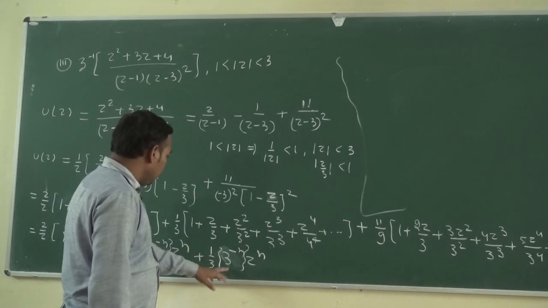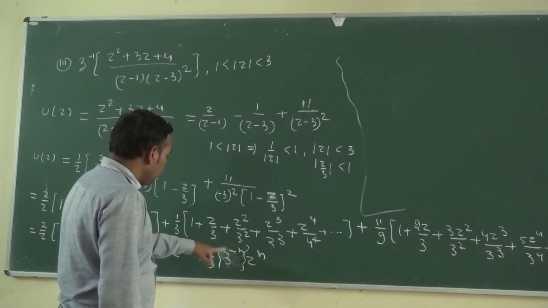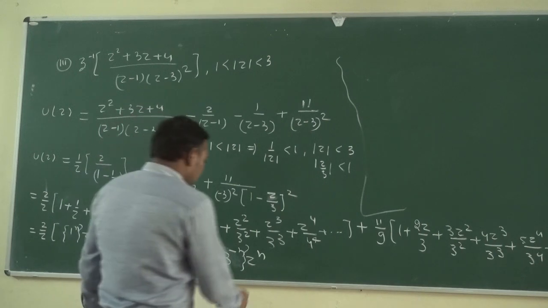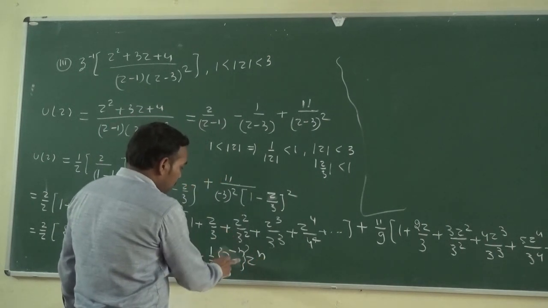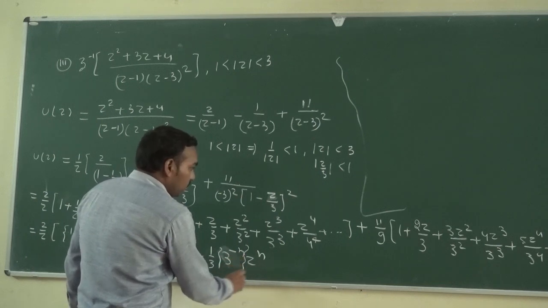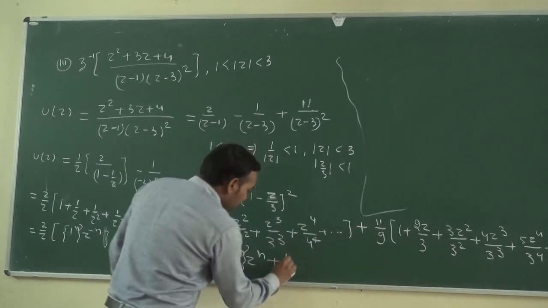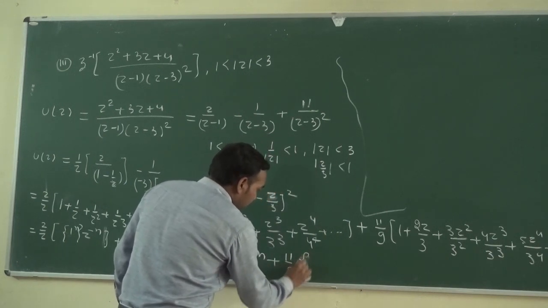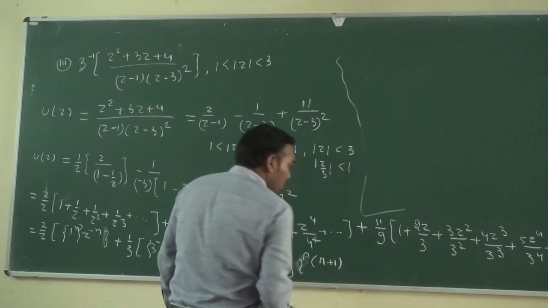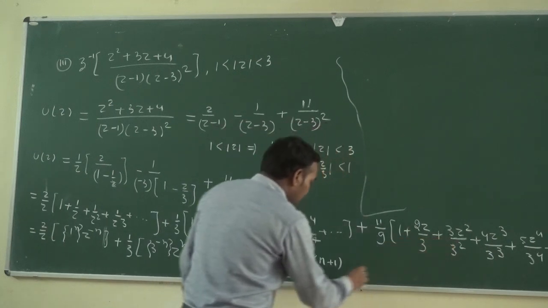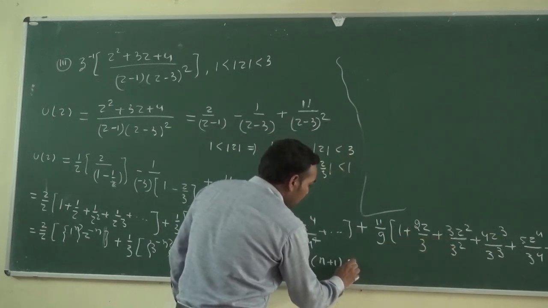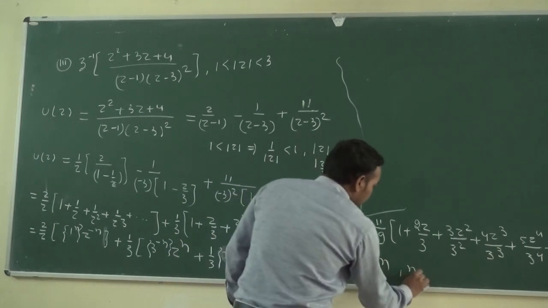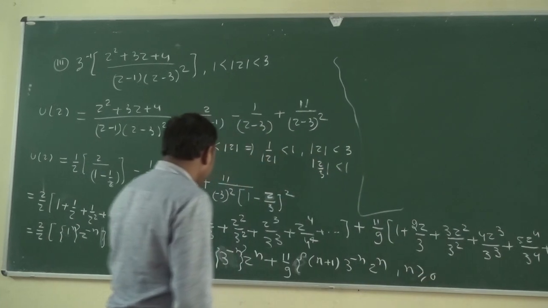So you can see here, for n equal to 0, 0; n equal to 1, z upon 3; n equal to 2, z square upon 3 square, and so on. For this 11 upon 9, write it in terms of the sequence n plus 1, 3 to the power minus n, z to the power n for n greater than or equal to 0.